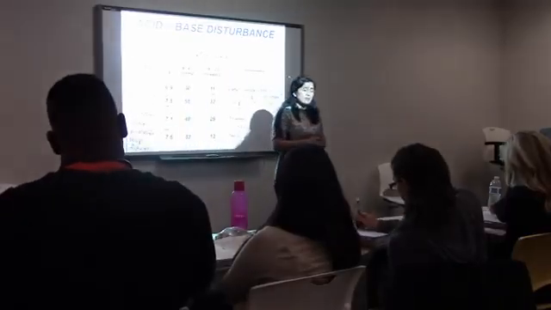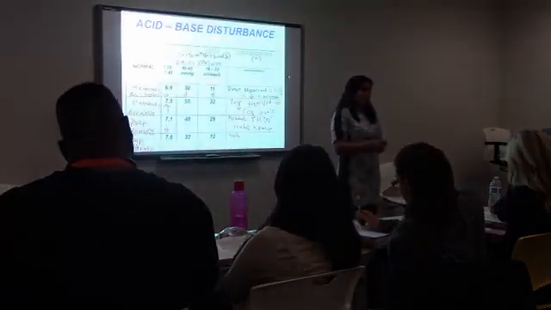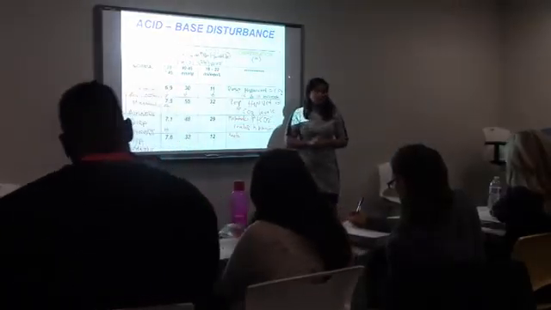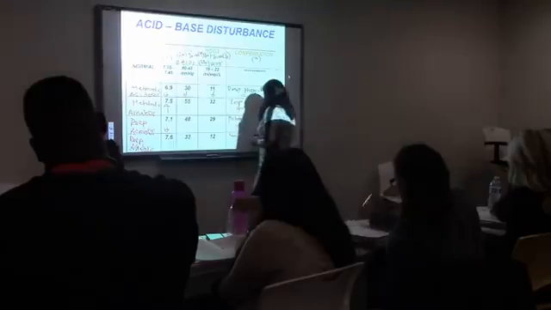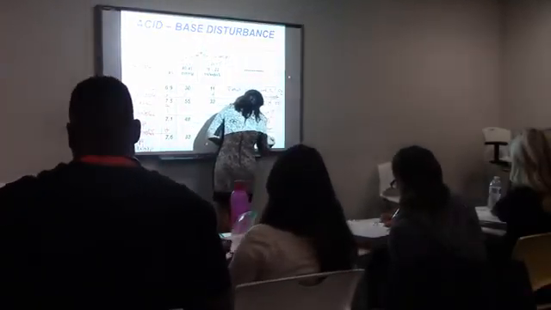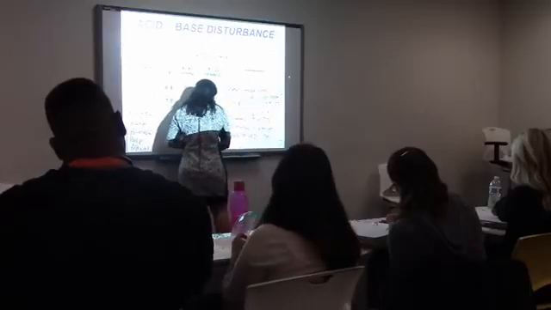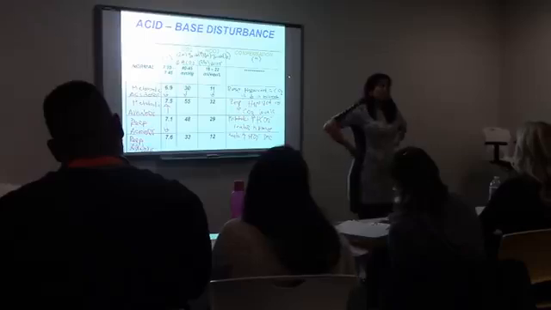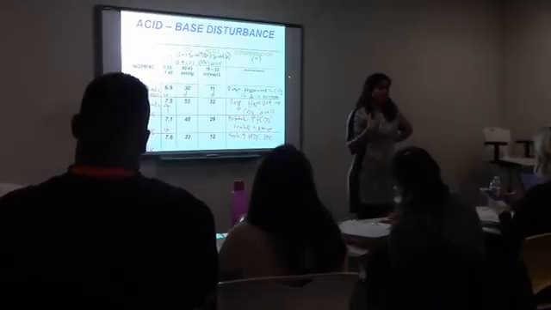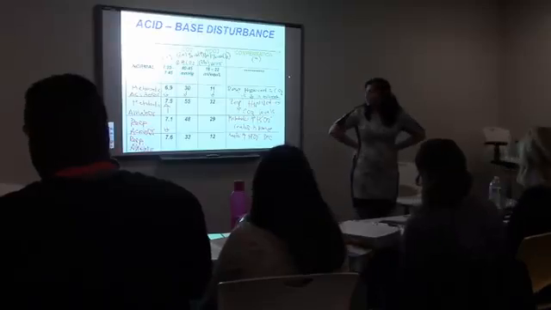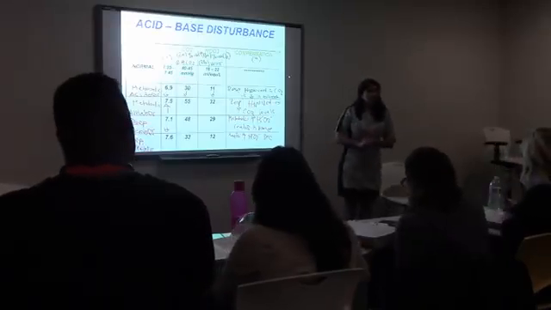Metabolic system. What will your metabolic system do? It will increase bicarbonate secretion in the urine. Okay? So when you say reabsorption, it means it takes it back. When you say secretion, it means it gets rid of it. Yeah? Good?